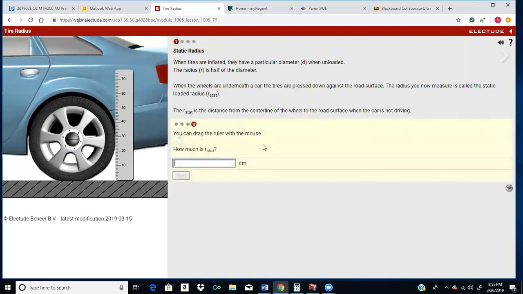Then it says you can drag the ruler with your mouse. The ruler is already beside the wheel. Here it says, how much is the loaded radius, and it tells you that it's not moving. All right, so let's measure.